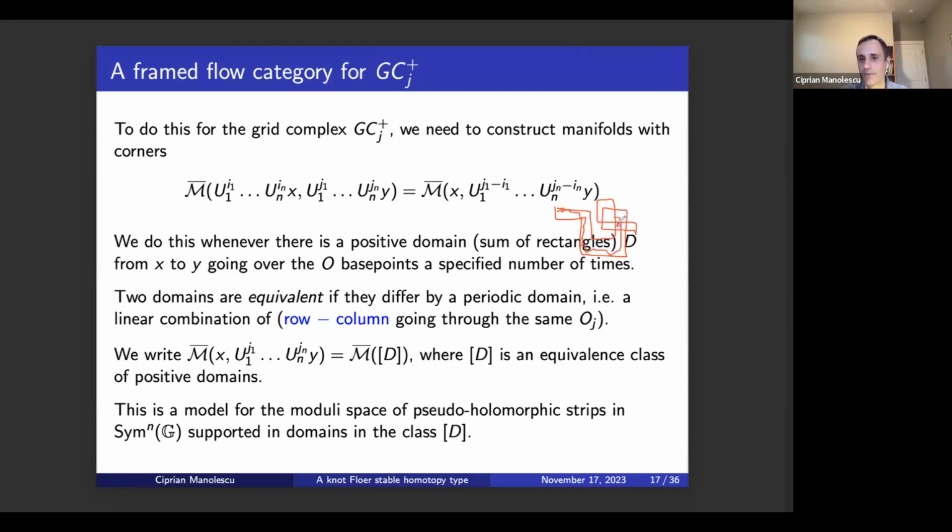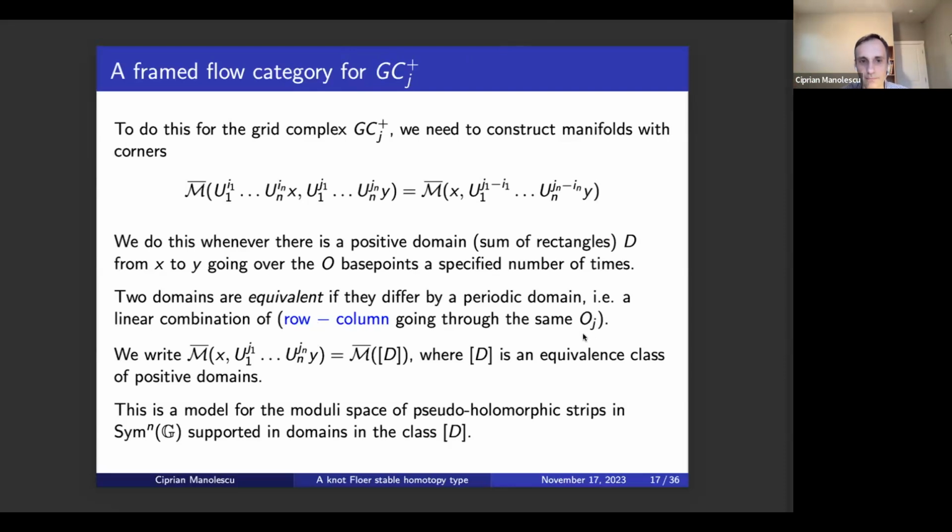You can also have higher multiplicity somewhere, and it's basically a combinatorial interpretation of the relative homotopy class in the symmetric product. Given the domain, we put an equivalence relation on domains by saying that two domains are equivalent if they differ by a periodic domain, meaning a linear combination of row minus column through the same O. This is because we want to identify bubbles on alpha with bubbles on beta.